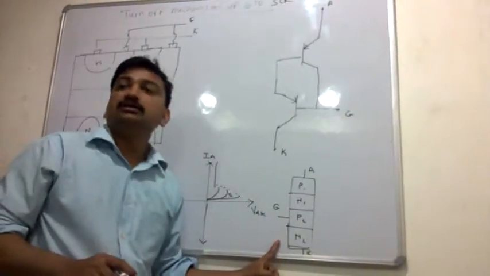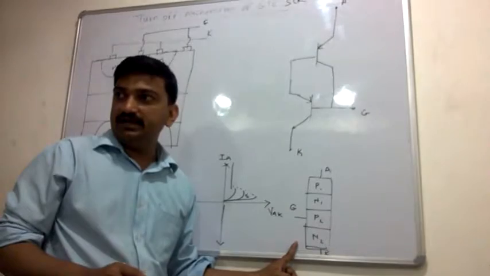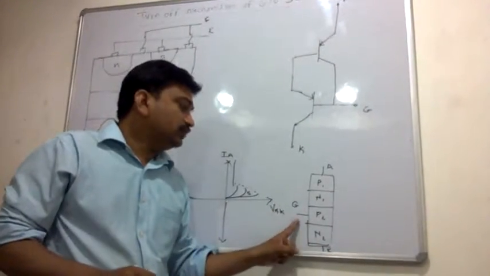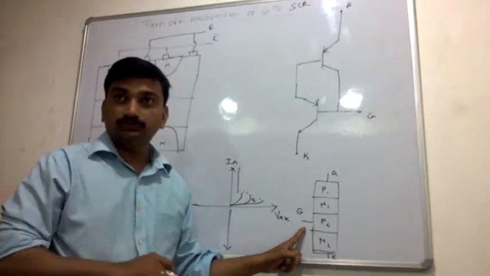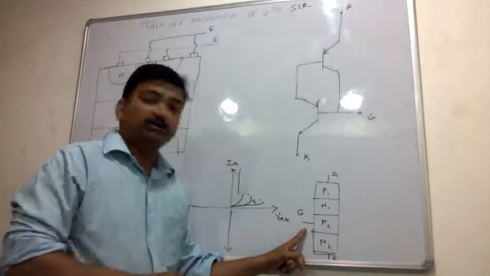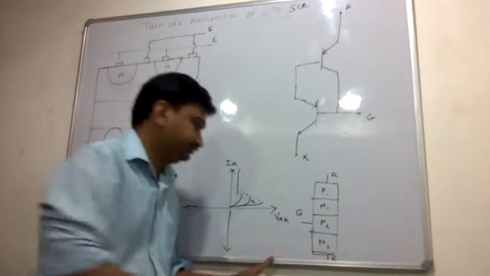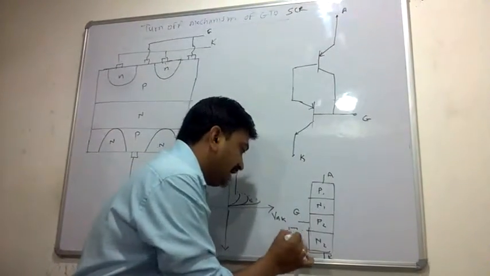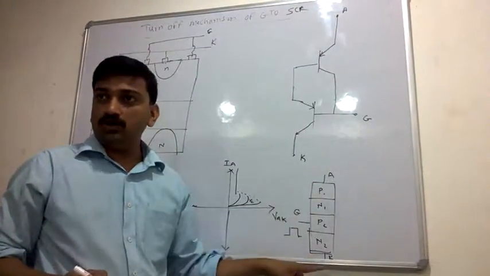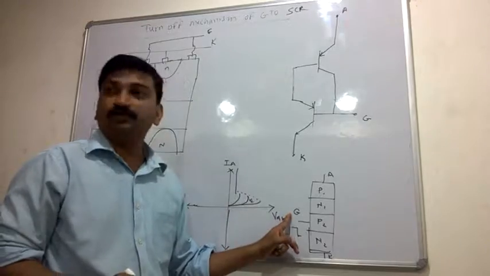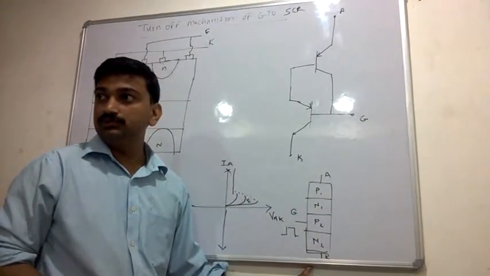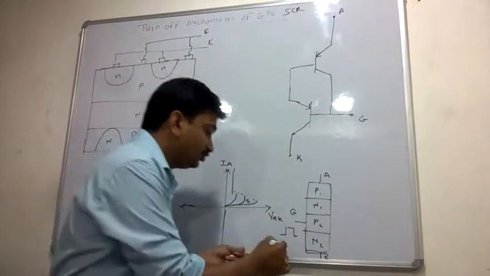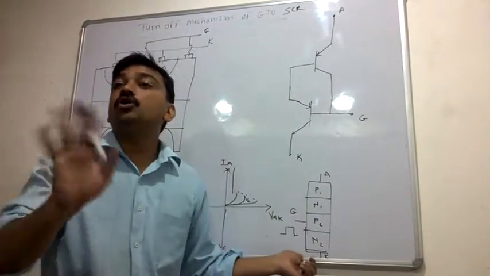In the normal SCR, you require a positive pulse at the gate to turn on. Once it gets turned on, there is no effect of gate current or gate voltage on a conducting SCR. Means if you provide a negative pulse here for turn off, it will not work.